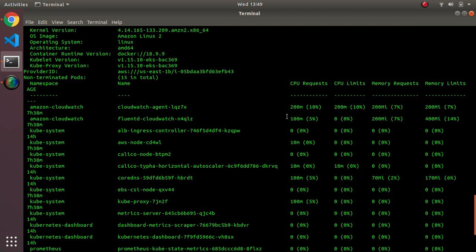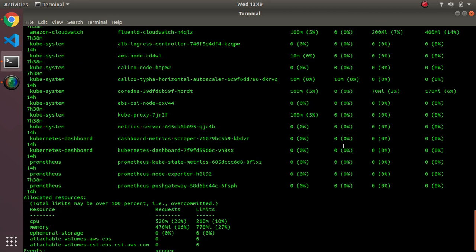Now, interestingly, some of these containers do something different. Here's a good example: this one gives a request for CPU, but gives no limit. No limit essentially means, I'm going to ask for this much, but if I go over this, don't worry about it. It's interesting that they asked for something but then didn't give a limit.